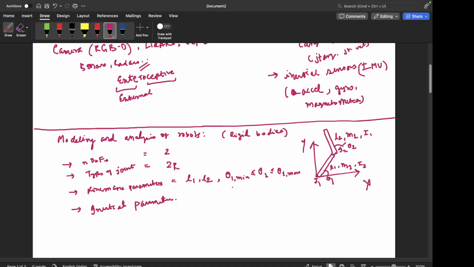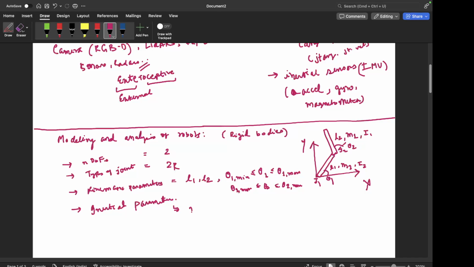These would be the kinematic parameters.